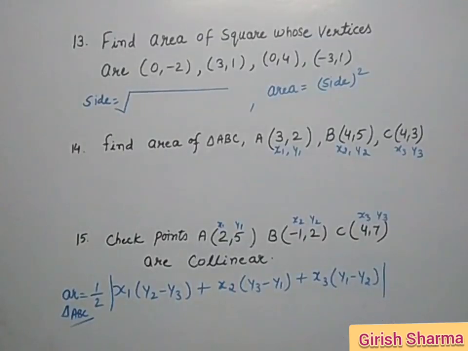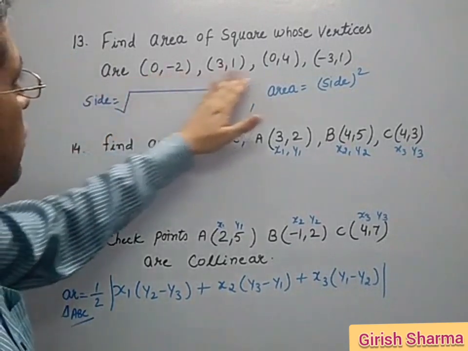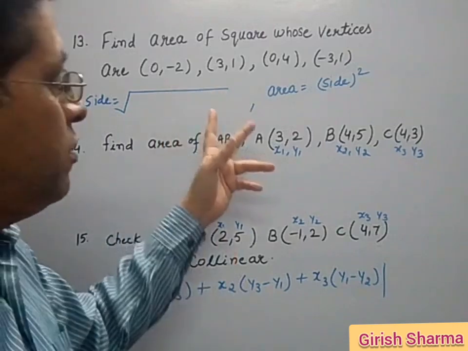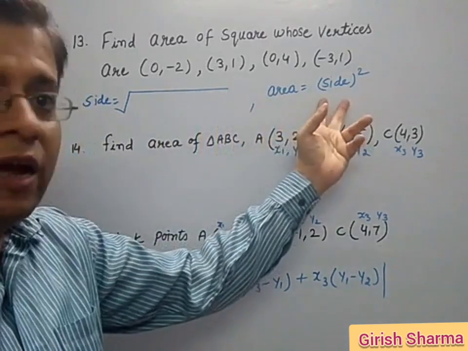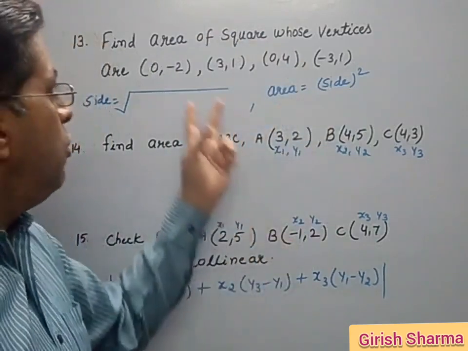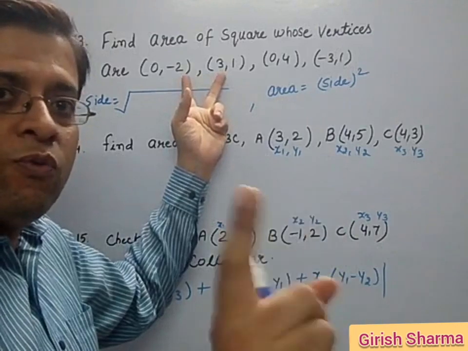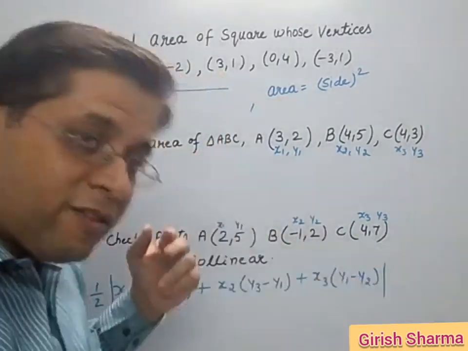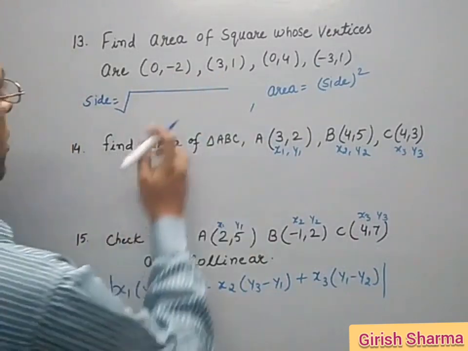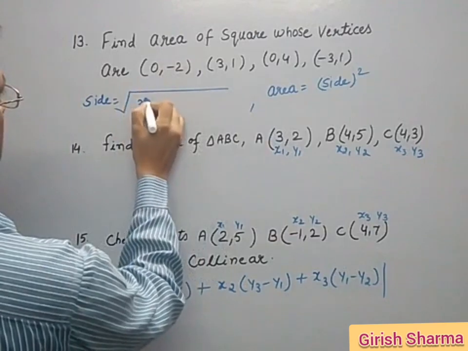Come on. Then see, next: find the area of the square whose 4 vertices are given to you. In a square, if you are given 4 vertices, you know the area of a square is side square. So you do not have to find all the sides, you only find the measurement of one side. With the help of, yes, the distance formula. 3 minus 0 whole square, this is 3 square.